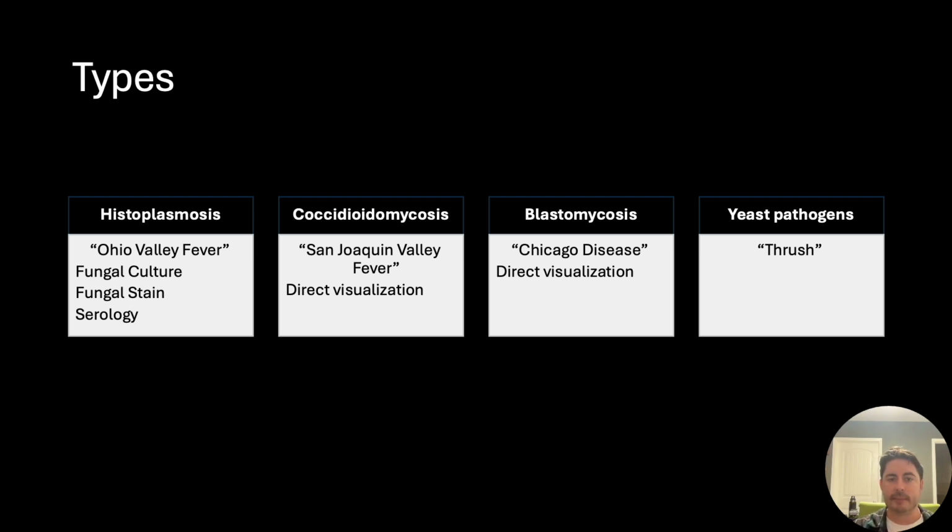It will resemble TB, and it has a 17-day incubation period. Only 40% exhibit symptoms, and only 10% of those are bad enough to go to the doctor. So typically you have this most common fungal infection, Ohio Valley fever, and your symptoms aren't even bad enough for you to get checked.